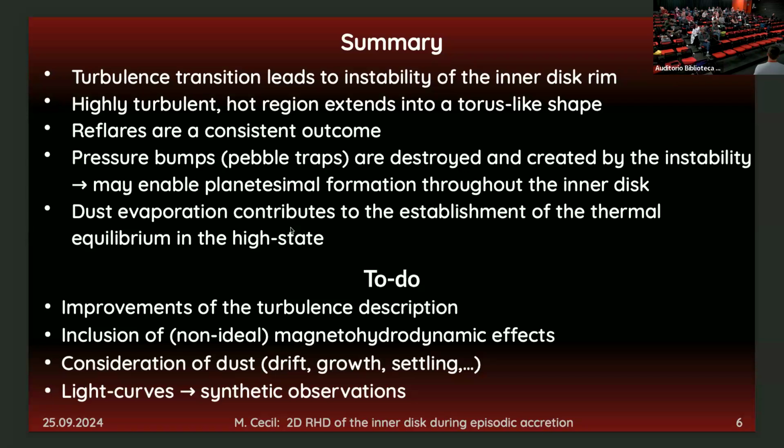Well, this is more of a comment rather than a question. I think both you and Edward are completely right to worry about this, and I worry about what dust really does in these disks. So it's really great that there's some work in that direction, and it's of course very hard to include all the physics in there.